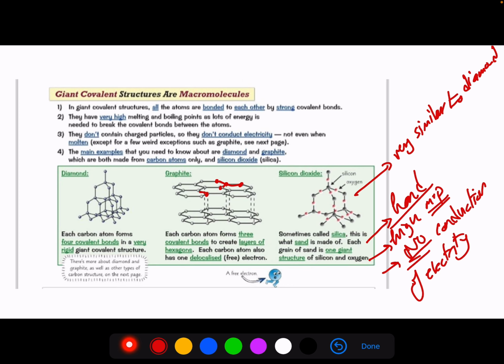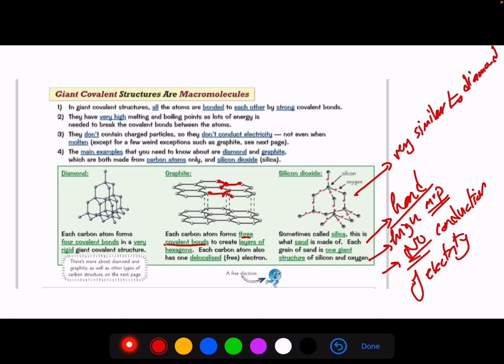Just follow one of them, guys. Let's check this one, also bonded to three other carbon atoms. So each carbon is covalently bonded to three other carbon atoms. So three covalent bonds for each carbon.